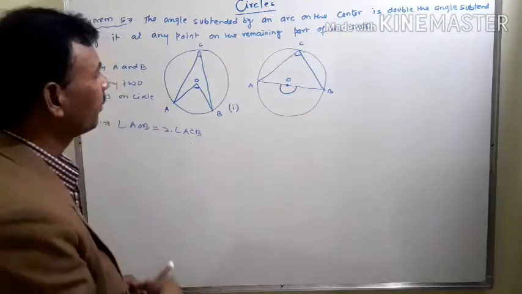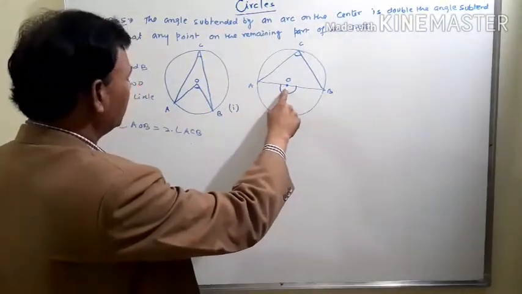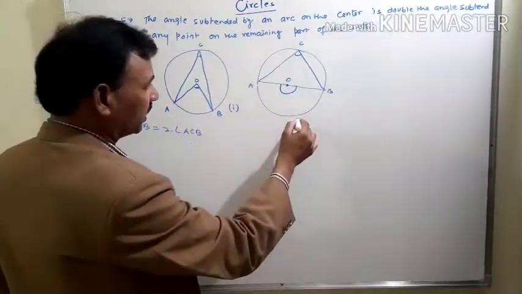That means angle AOB will be twice of angle ACB. This is the second situation.